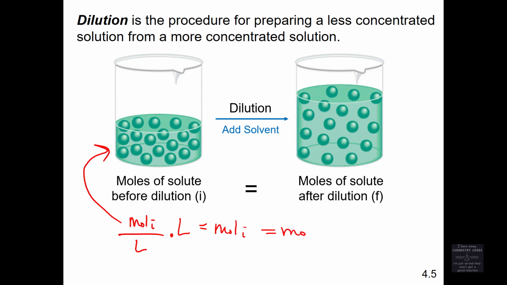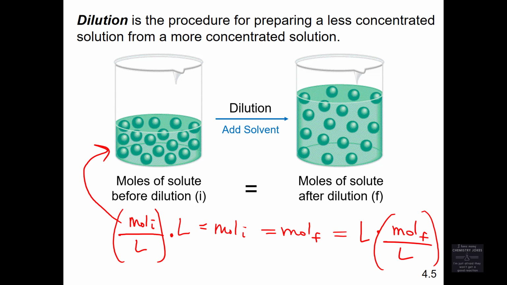Well, the moles of solute in the final solution is equal to the moles of solute in the initial solution. So I can think of that as being the volume in the final solution times the concentration in the final solution as well. So moles per liter, remember, that's molarity.